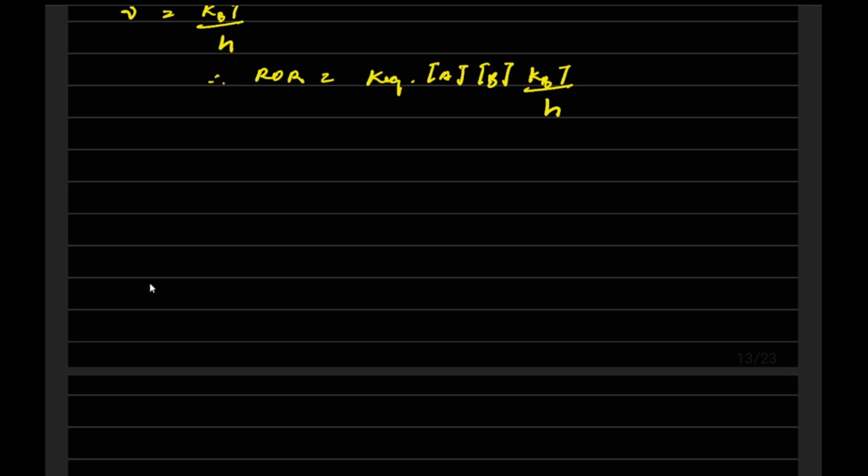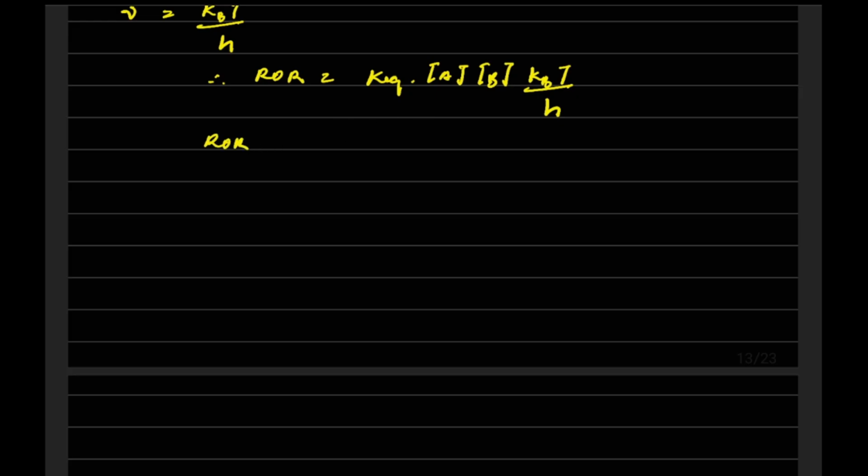Okay, this gives kBT by h, where kB we can write as R by NA. We will do that later; first we will simplify this further.